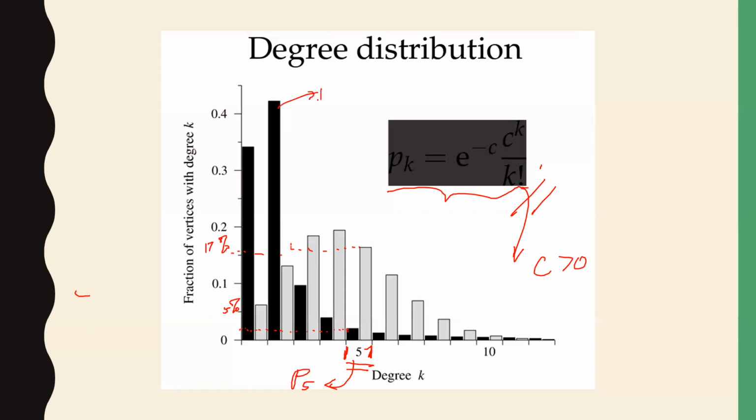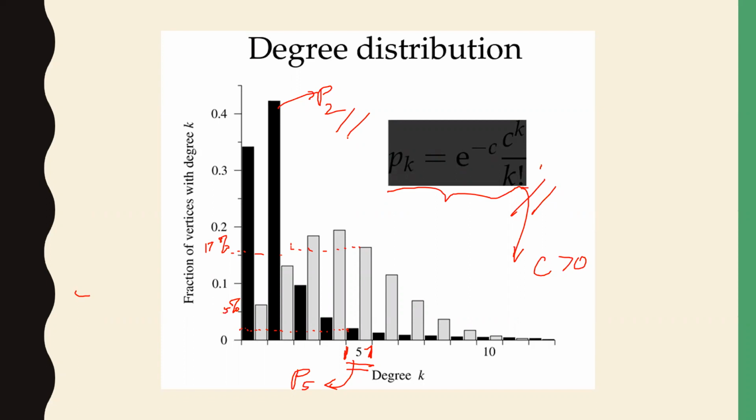So this is p sub 2. That means e to the minus c times c squared over 2 factorial is the highest among all the possible values. So I guess the larger k is, the lower the probability would be.